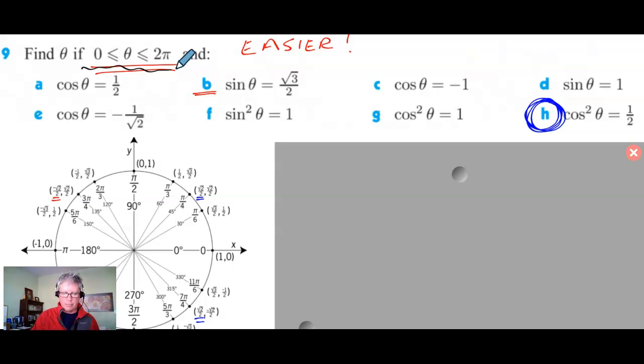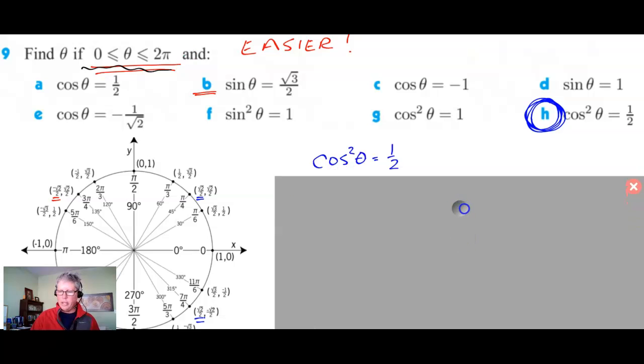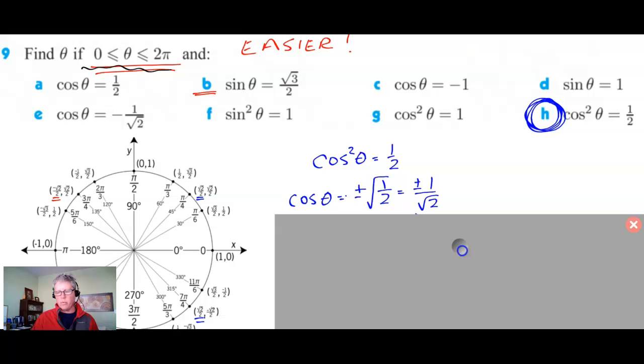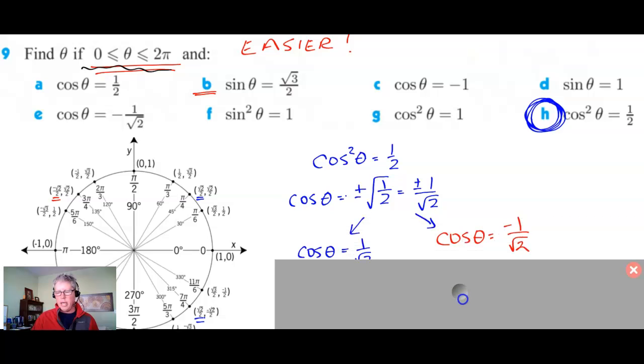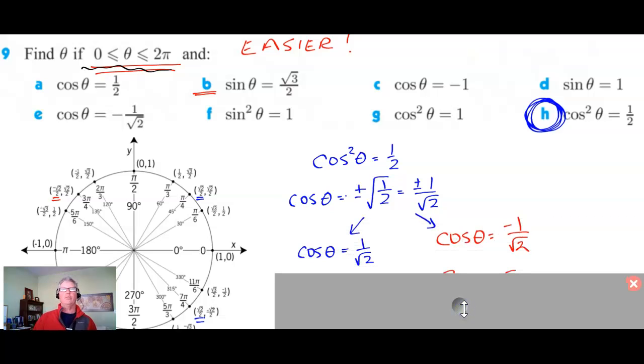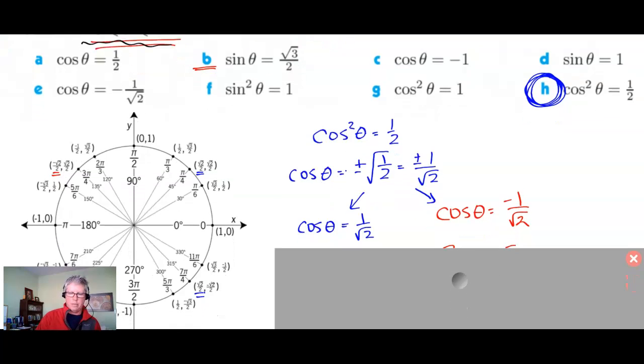Pictures always help. All right, so this is a tricky one. That's why I picked it. Cosine squared theta equals 1/2. We've been working with cosine theta equals something or sine theta equals something. So algebraically, that's the first thing you have to do: break that down. We'll take the square root of both sides. And really, we break it up into two problems then. Two problems.